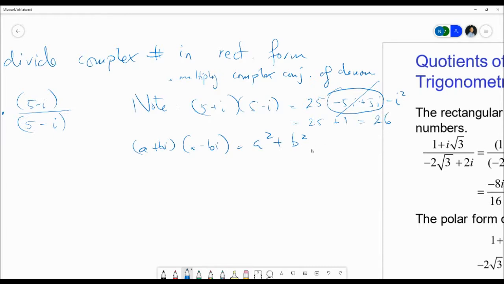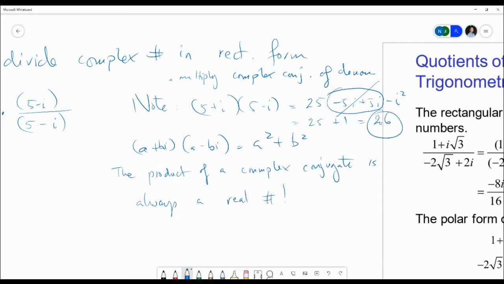Okay. So the product of a complex conjugate is always a real number.